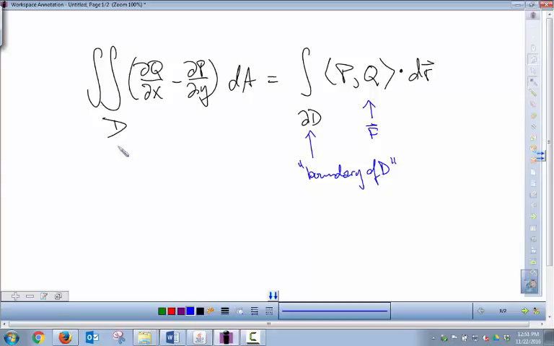And so what we have here on the left-hand side is the actual region.